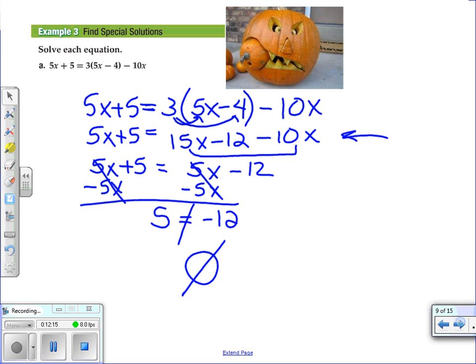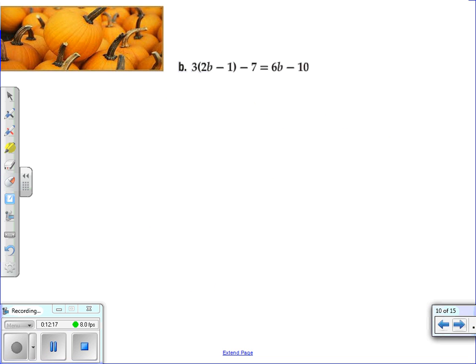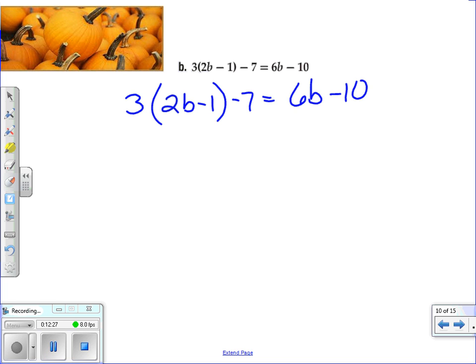All right, let's look at another example of a special situation. We have 3 times parentheses 2b minus 1 minus 7 equals 6b minus 10. Okay, let's distribute. 3 times 2 is 6b, and 3 times negative 1 is minus 3.